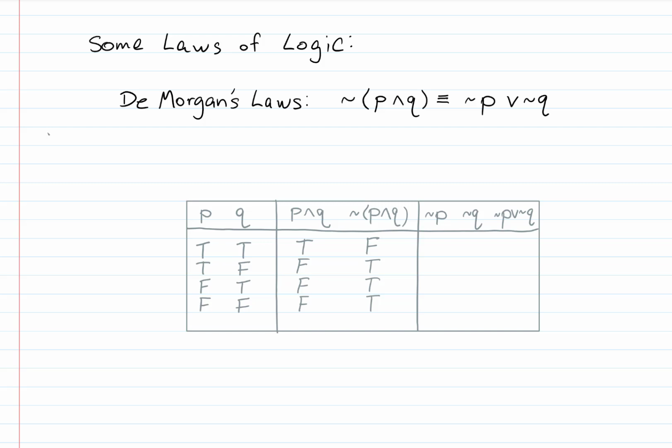Okay, so to fill in the negation of P, I look at P and I negate it. So that'll be false, false, true, true. To fill in the negation of Q, I look at Q and I negate it. So that will be false, true, false, true.